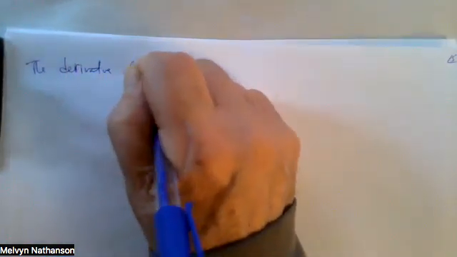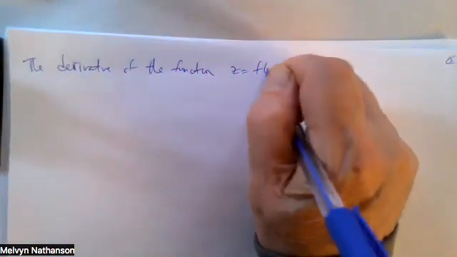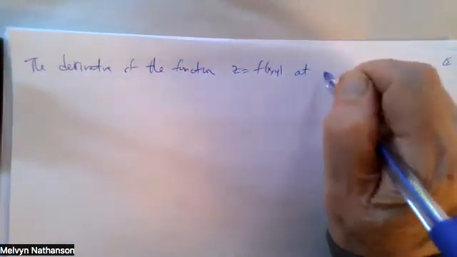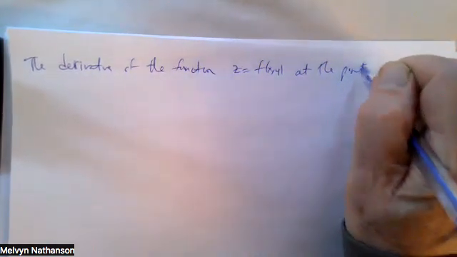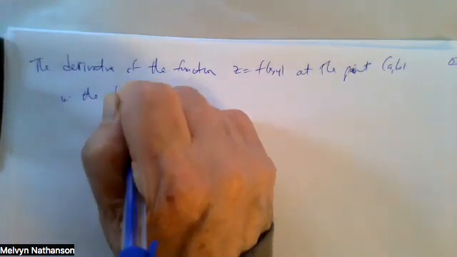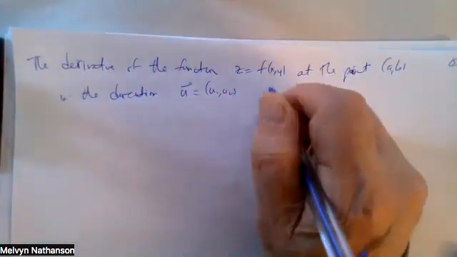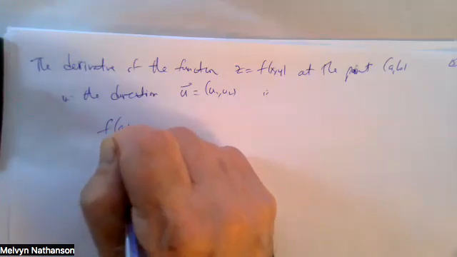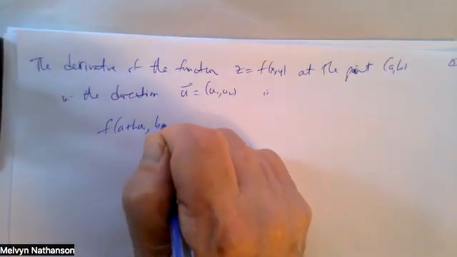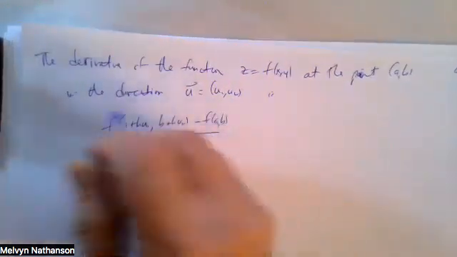The derivative of the function z equal f of x, y at the point (a, b) in the direction of the vector u equal (u1, u2): you take f of (a plus h u1, b plus h u2) minus f of (a, b), divided by h.